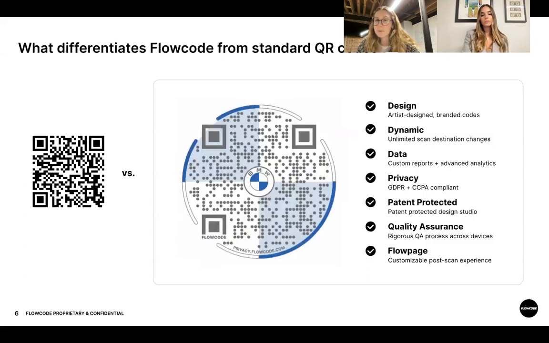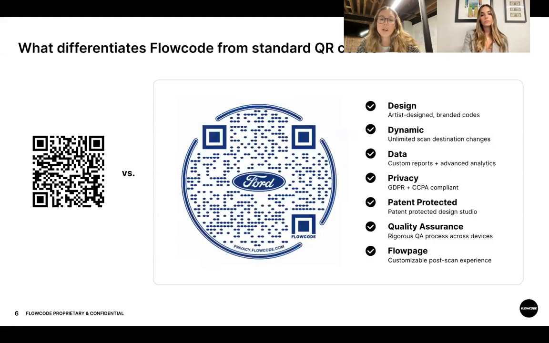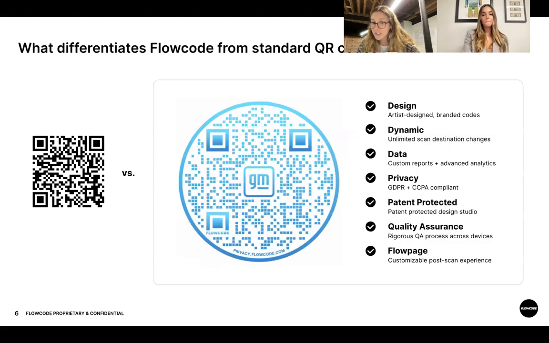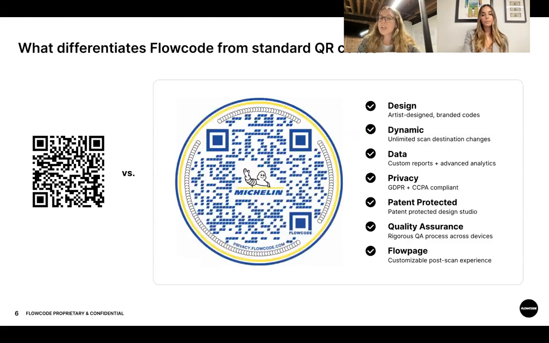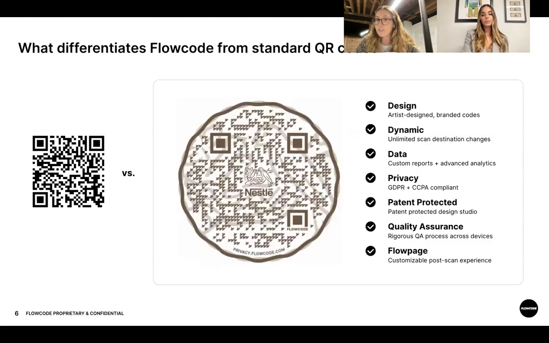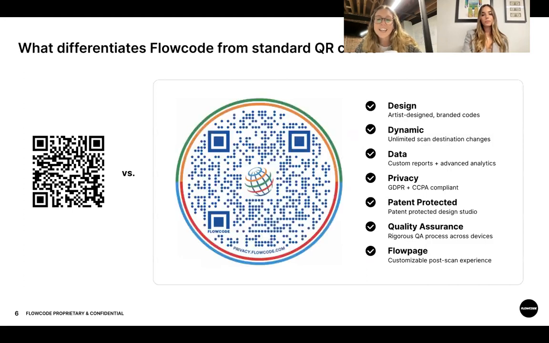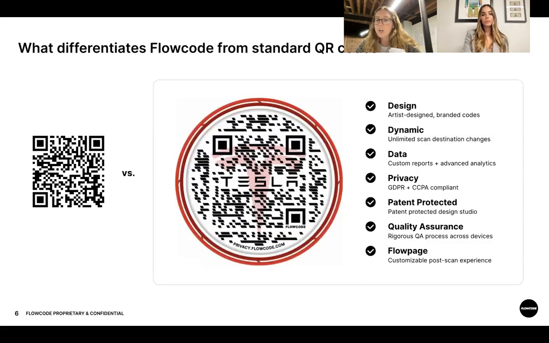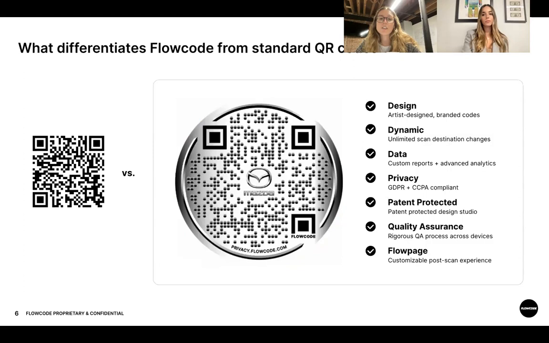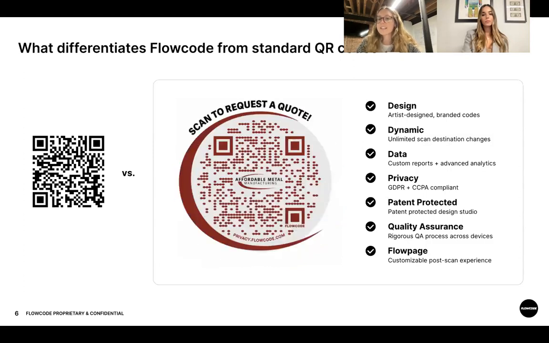We are also patent protected. As you see, these QR codes are circular, so we have a patent on that. You won't see any other circular QR codes out there that aren't a Flowcode, which is very exciting. We also make sure that all of our codes are QA, or quality assurance, tested to ensure that they're scannable across devices.